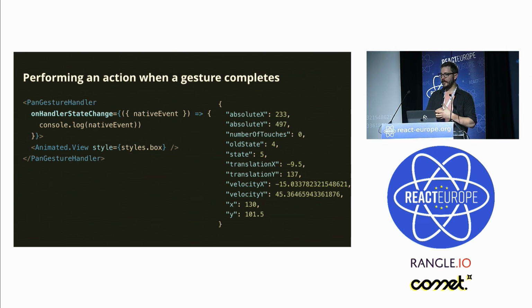Or if you have something like a list view where you can swipe rows open, do I want to reveal the underlying buttons, or do I want to hide the buttons by translating the view on top back to its original position? In the case of Tinder, do I want to fling the card off to the side and follow through on the gesture? And so these are all sorts of things that you might do when a gesture ends.